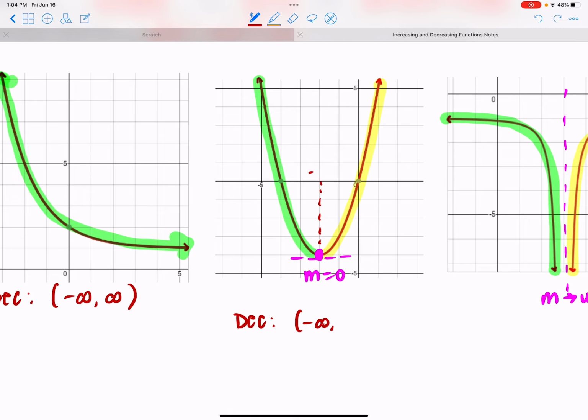Oh, I'm counting backwards, negative 2. So from negative infinity up to negative 2 it is decreasing, and then it turns and is increasing from negative 2 to positive infinity. So notice we're keeping parentheses on the negative 2 to exclude it, because again at negative 2 our slope is 0, but everything before that is decreasing and everything after that is increasing.